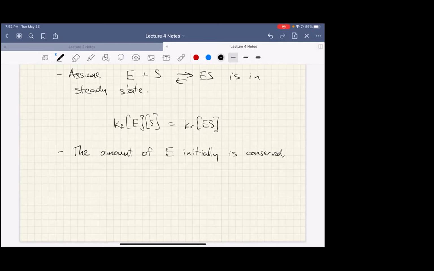The amount of E initially, I'm going to call that concentration of E0, is conserved either in the present concentration of E or in the product ES. So in other words, all I can do with E is either turn it into a product or come back. So the current concentration of E is equal to the initial concentration of E minus the concentration of the product ES.